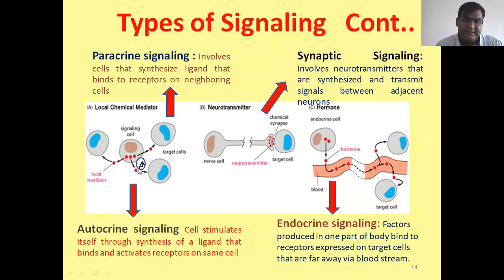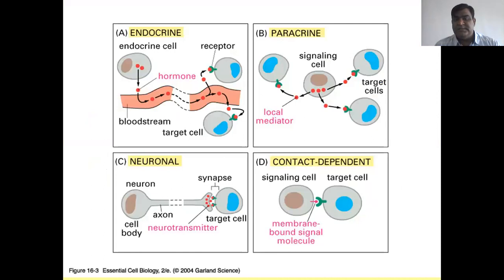And you can see here the same cell which is producing it and receiving it, then it is called autocrine. When it is given to nearby cells, it is called paracrine. When the signaling molecule travels a large distance via the blood vessels to reach the target cell, it is called endocrine signaling. So these are the various types of signals.